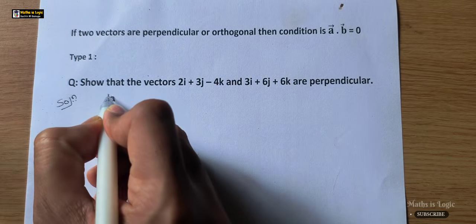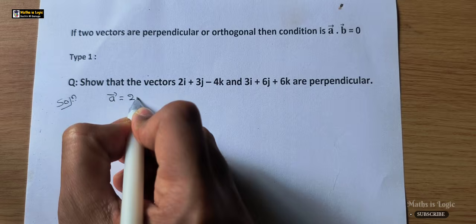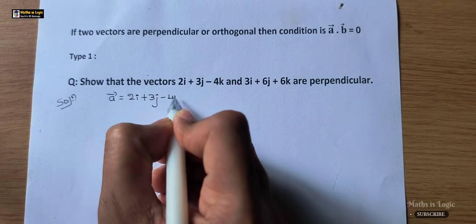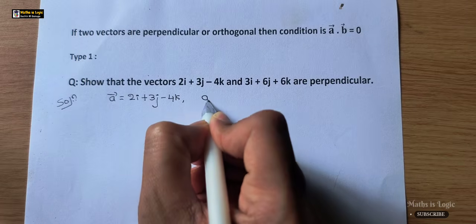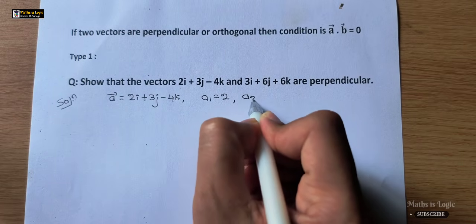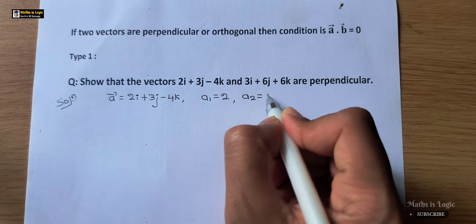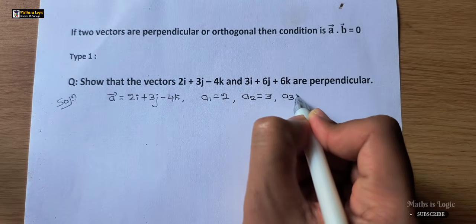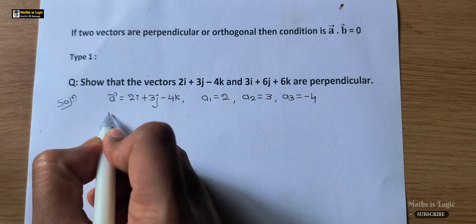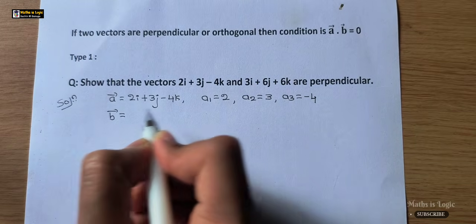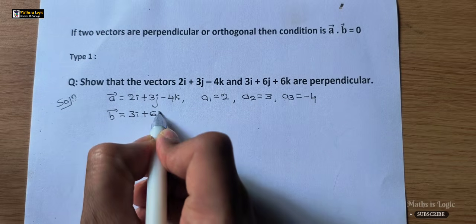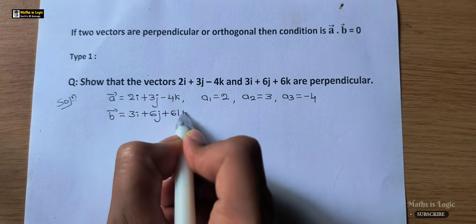So in the solution, first consider A vector. So A vector is equals to 2i plus 3j minus 4k. So write A1 value, that is 2, i coefficient; A2 value j coefficient is 3, and A3 value including the negative sign, minus 4. Next write B vector. So what is that B vector? 3i plus 6j plus 6k.